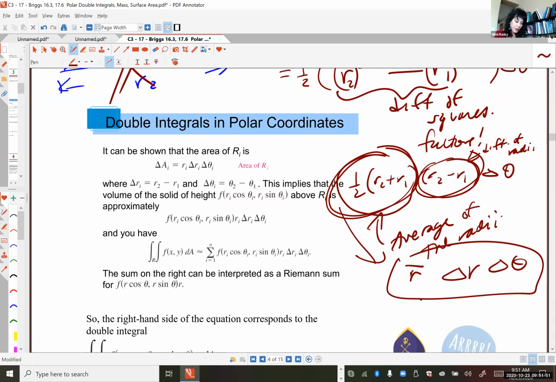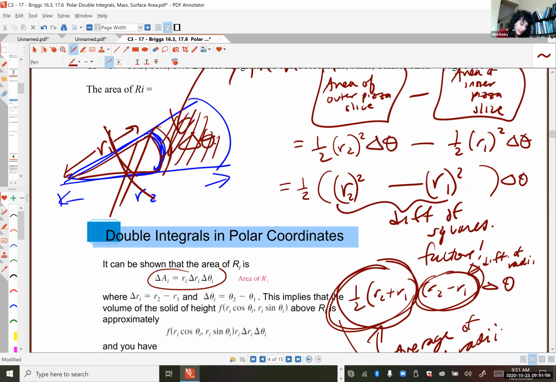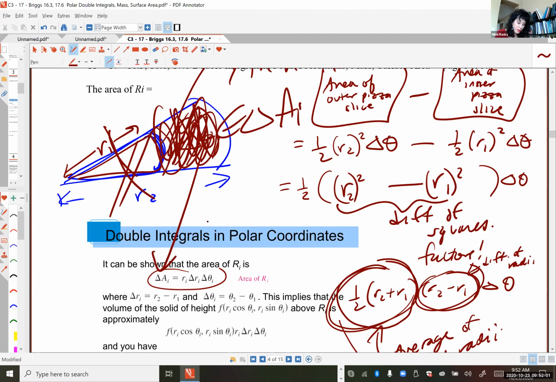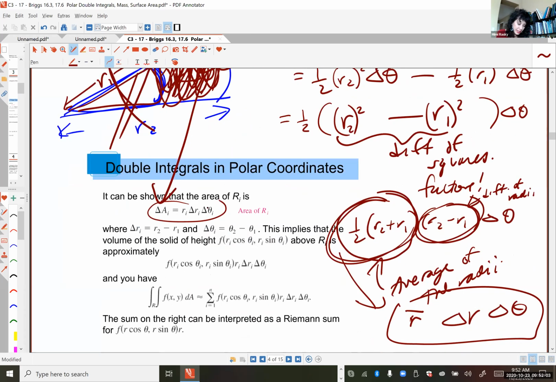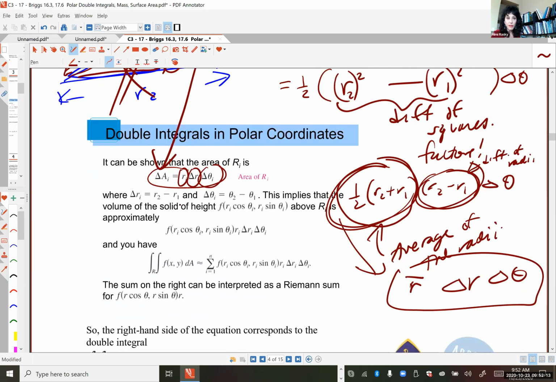What we're trying to say is that the delta A sub I, the area of this polar sector that I'm trying to find, is going to be some difference of theta, some difference of the radii, and then that average radii. If you're trying to use a double integral in polar to represent the volume of a solid, you're going to have a capping surface, f(x,y), but you're going to replace the x and y with the polar conversion formulas: x with r cos theta and y with r sin theta.